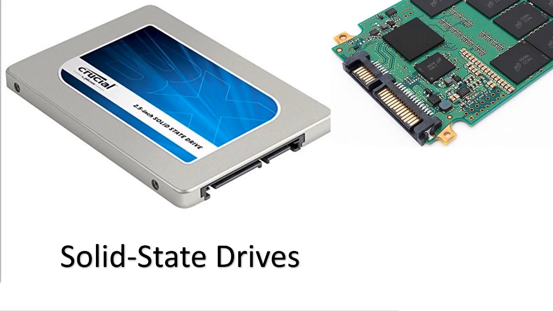They don't use spinning disks or read-write heads. Instead, they write data to non-volatile memory chips. And today, generally what that means is you're talking about NAND-based memory chips. Negative AND. It's a type of logic gate.